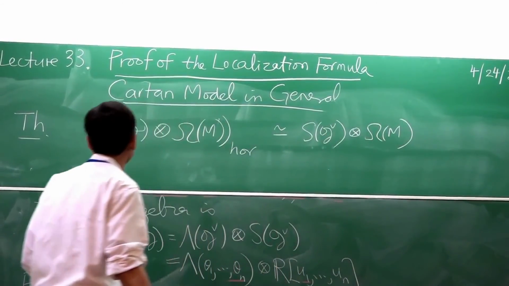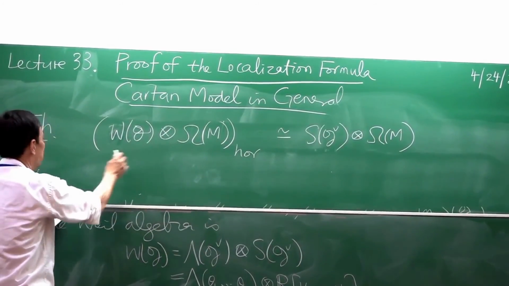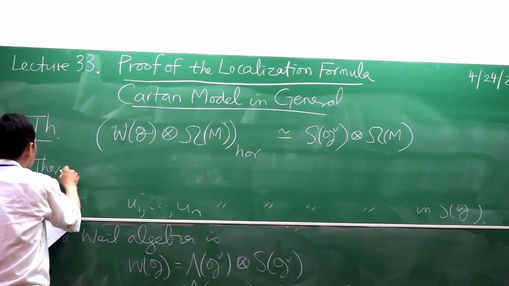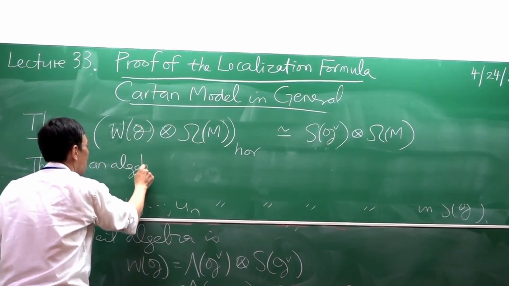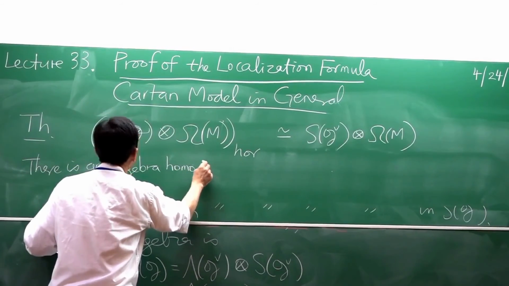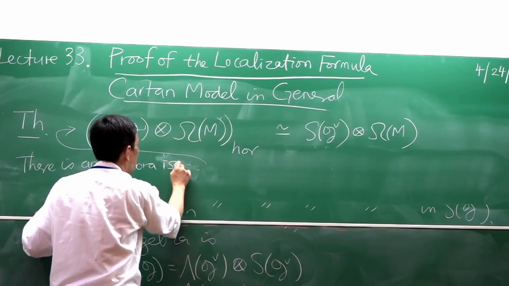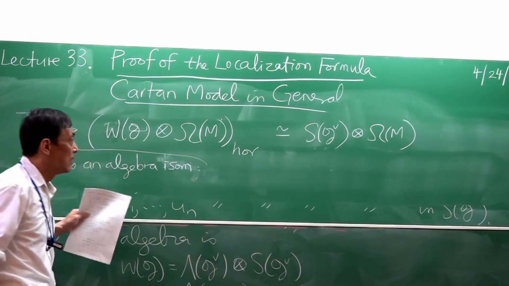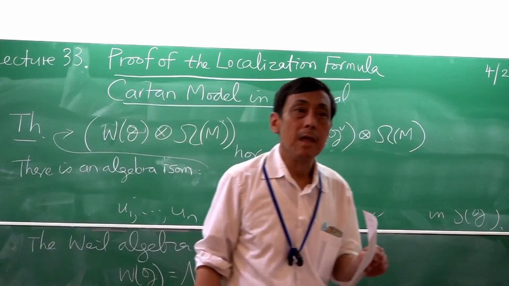So the theorem is that there is an algebra isomorphism. So this identifies the horizontal elements.